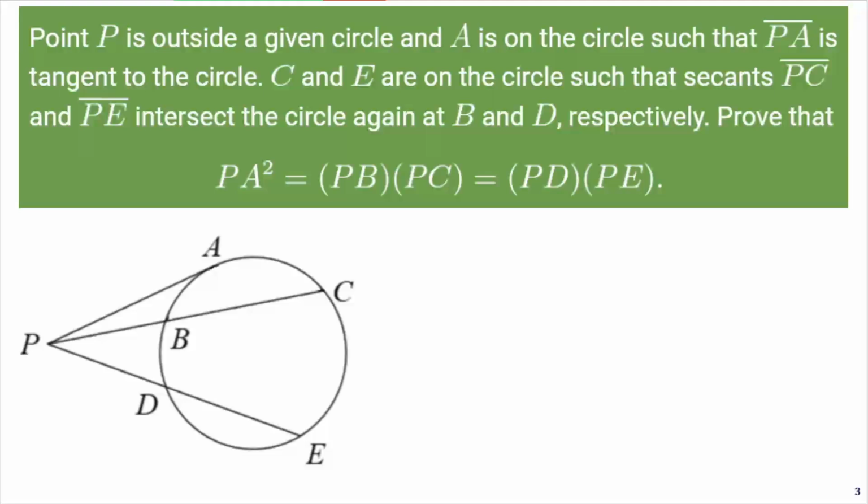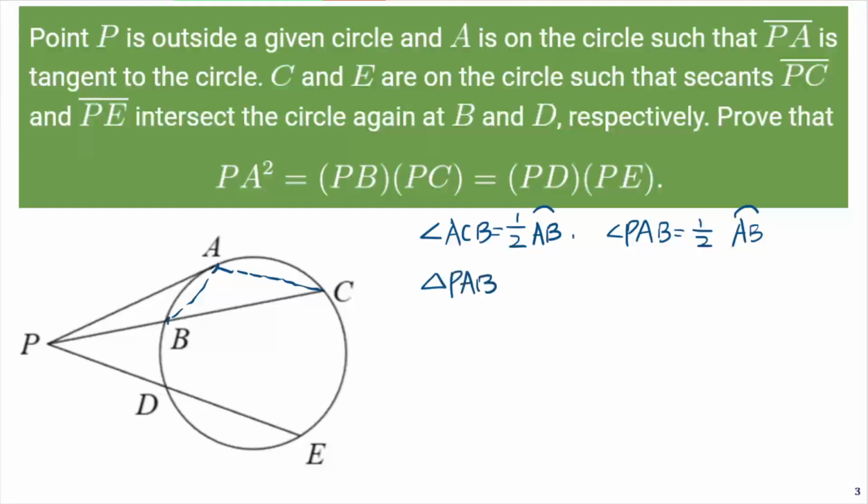So here we can start as we did in the previous problem, drawing AB and AC to make triangles, right? Since angle ACB equals half of arc AB and angle PAB equals half of arc AB, we have triangle PAB must be similar to triangle PCA by AA similarity, right?